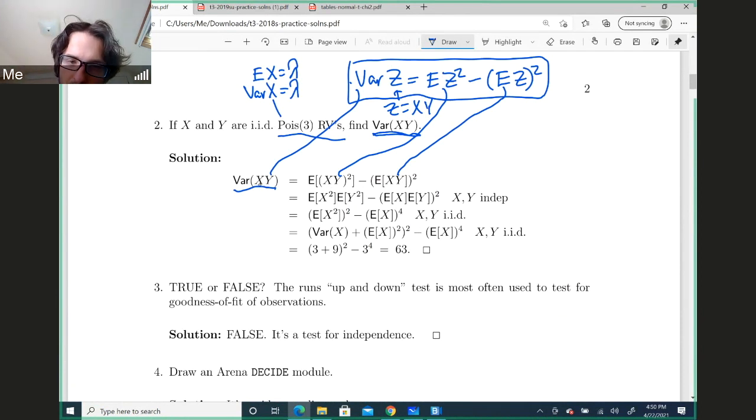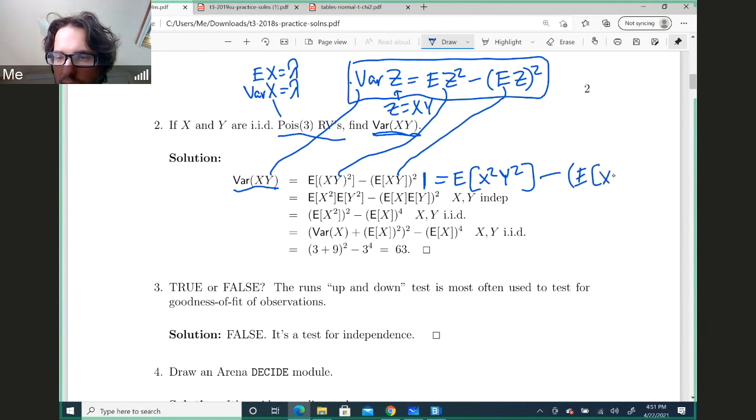Cool. So we have this variance, and we split it up like that. One step that's maybe useful to show: E of X squared Y squared, all we're doing is applying the square to both the X and the Y, minus the second term, which is still pretty much the same. There's not a ton we can do with the second one.